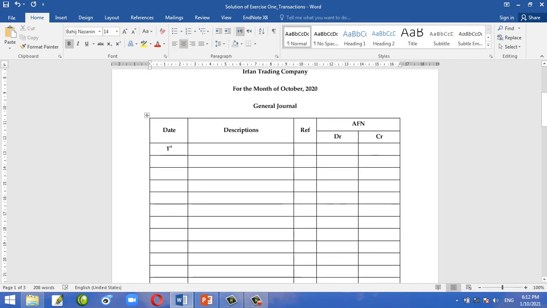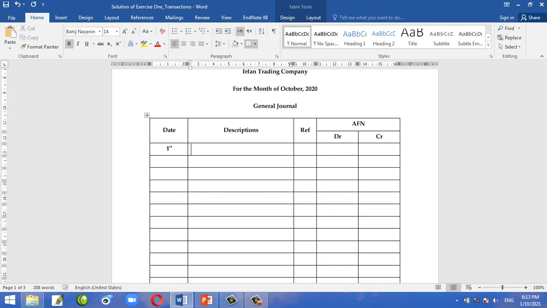Now come to the record of the transaction on the first date of October. We have a transaction that Irfan started business with cash 80,000 Afghanis. On one side we have received the amount of 80,000 Afghanis from Irfan. On the other side we have also started the investment.